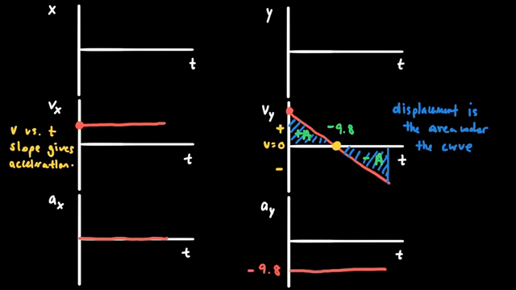For the x direction, that's not true, right? The area is still the displacement, but there's some positive displacement here that I could calculate by looking at the area under the curve. And that should make sense because although the object starts and stops in the vertical direction in the same spot, it certainly does not land in the same spot if it was launched to the right at some angle.